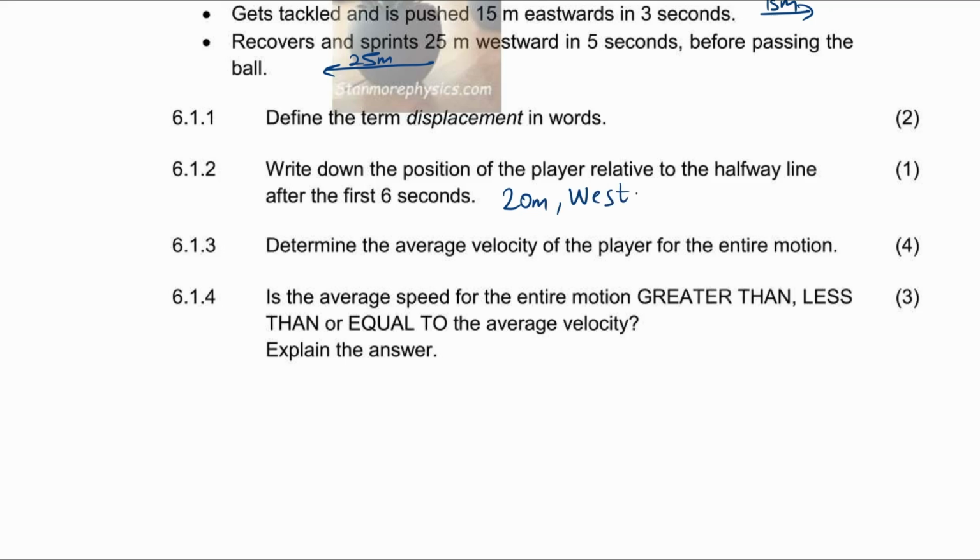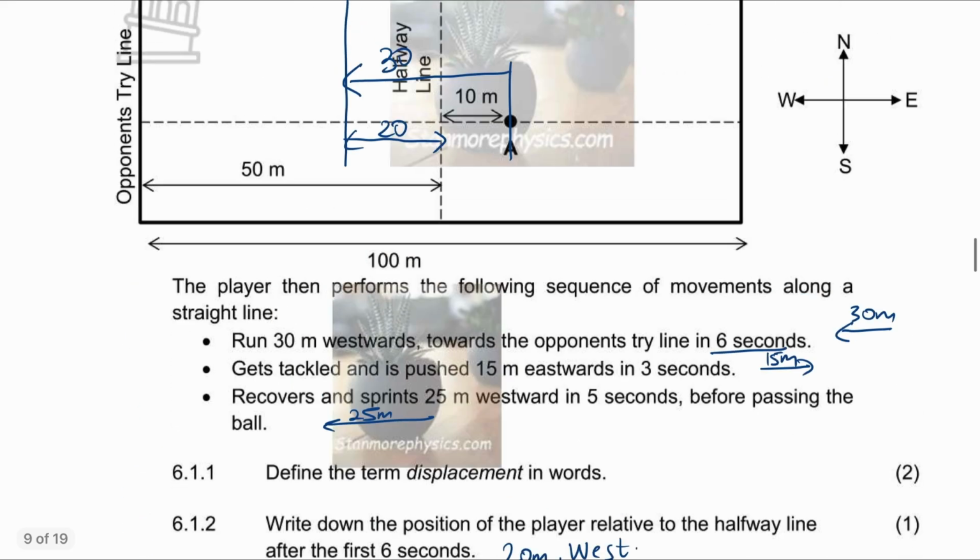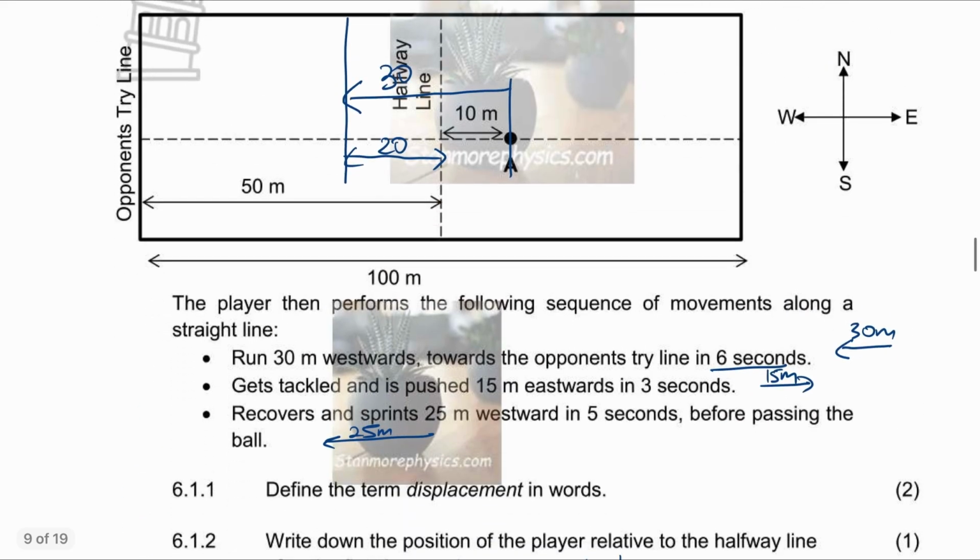Question 6.1.3, determine the average velocity of the player for the entire motion. In order to calculate the velocity, remember that velocity is equal to the displacement divided by the time. So let's figure out his displacement. He travels 30 meters this way, 15 meters that way, and then 25 meters this way.